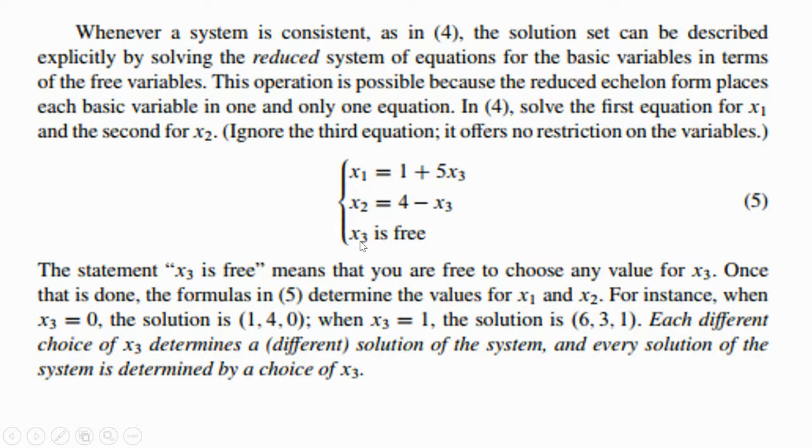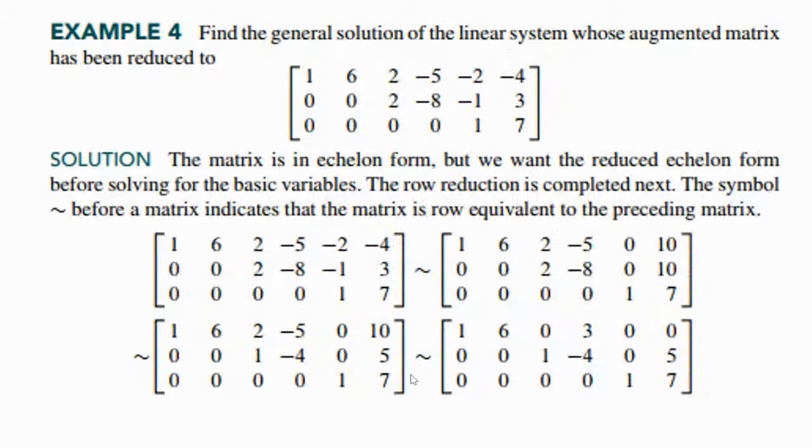If I take it to be 0, I get 0 for x3, I get 4, and I get 1. So you see there's different choices here. And so when I put this in the reduced form, I can tell the number of free variables that we have.